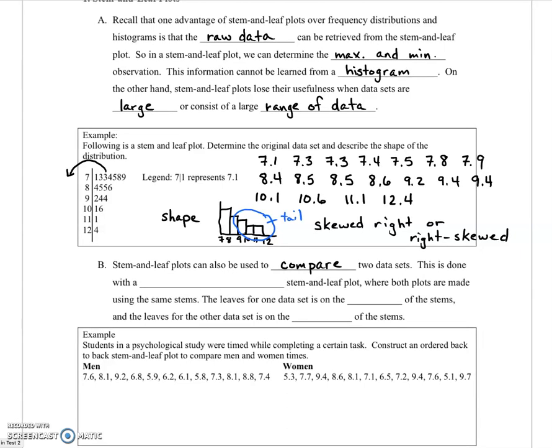We can do that with that back-to-back stem and leaf plot. Both plots are made using the same stem, and the leaves for one data set go to the left, and the leaves for the other set go to the right.